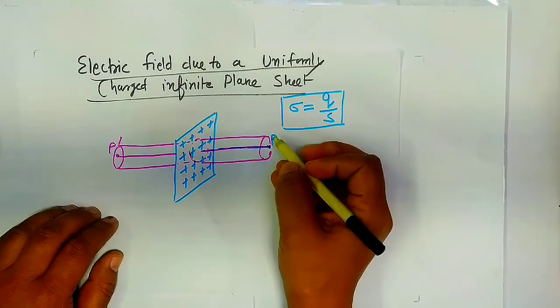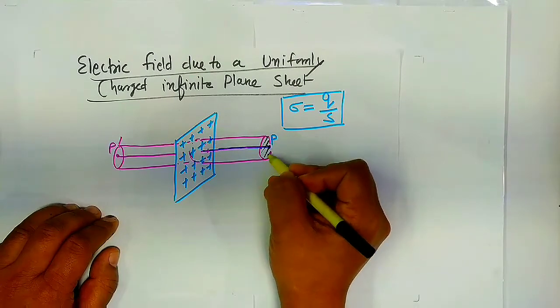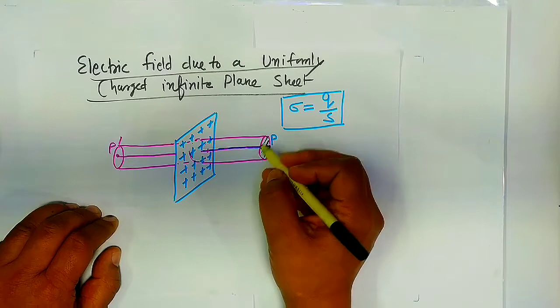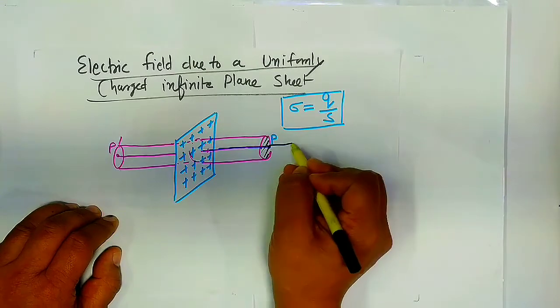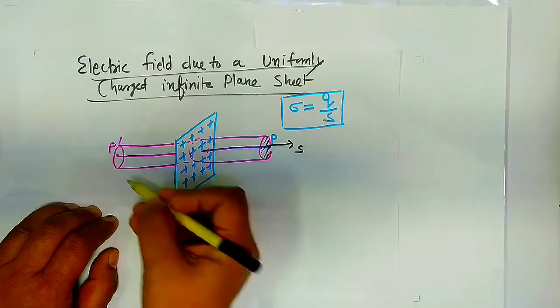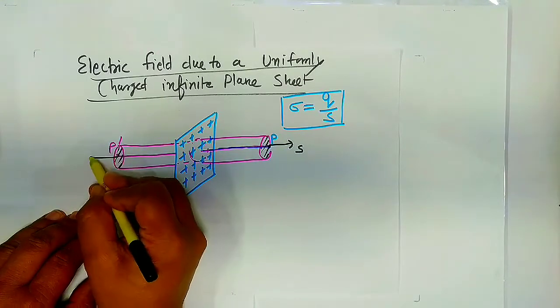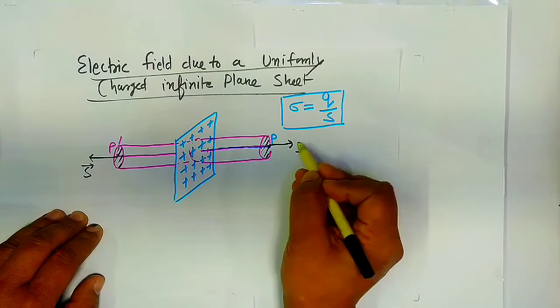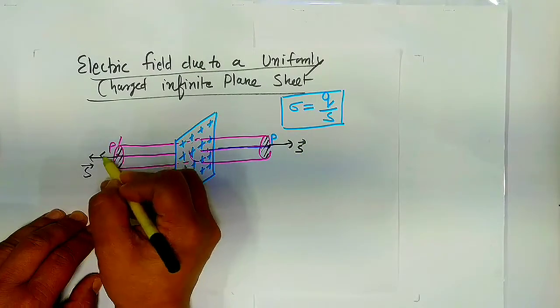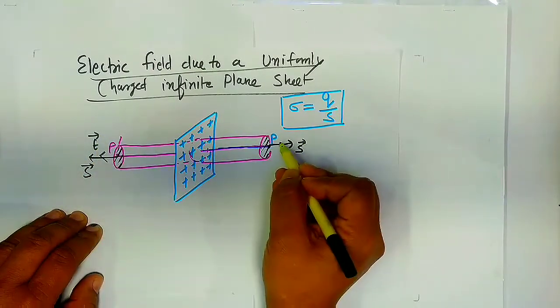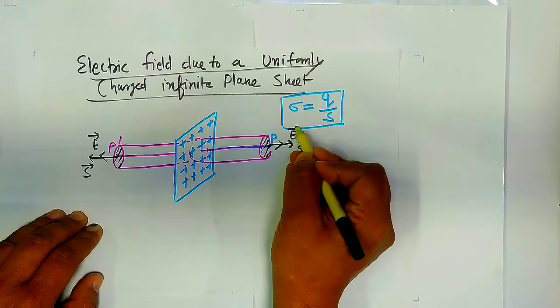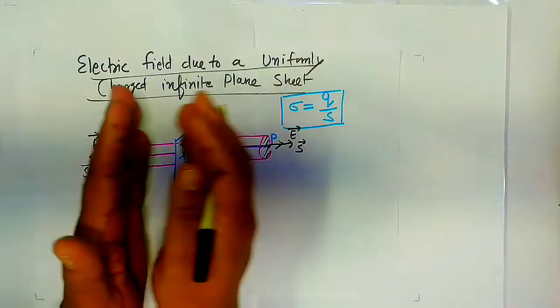Now you see this cross-sectional area. Where is the area vector? It is outward, say this is S. This cross-sectional area is the area vector, outward S. Where is the electric field? Outward only, because the electric field will move out.